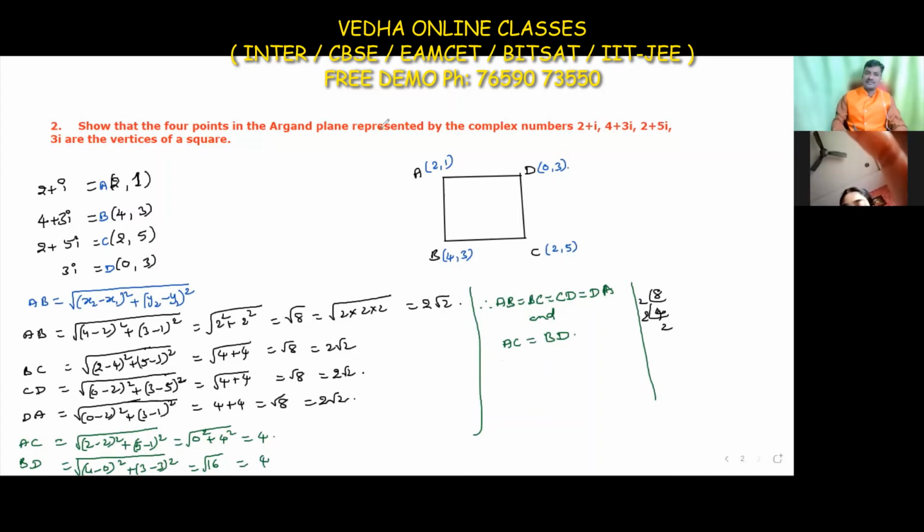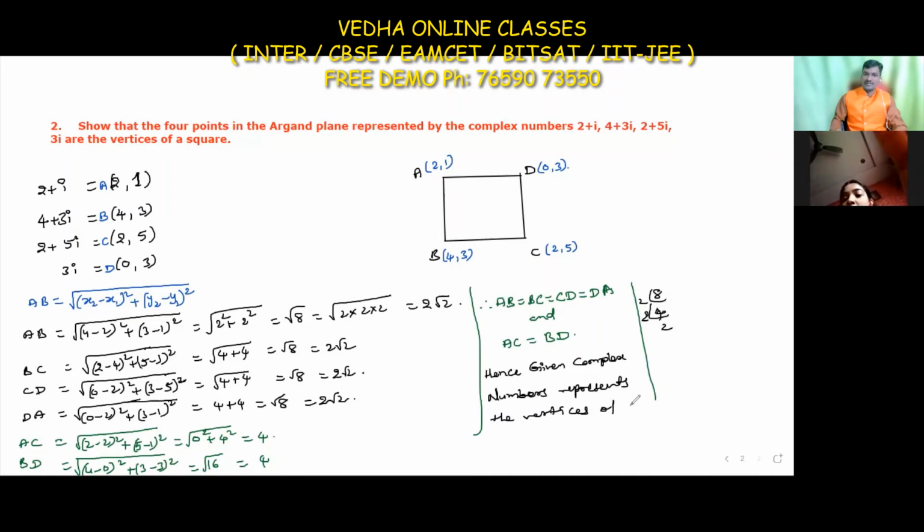Hence the given complex numbers represent the vertices of a square.